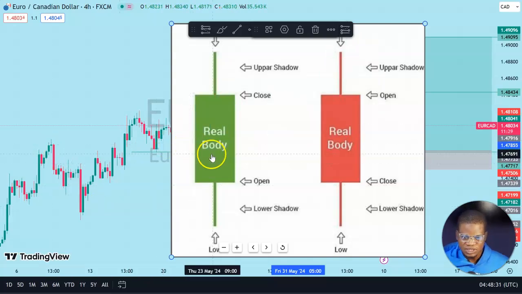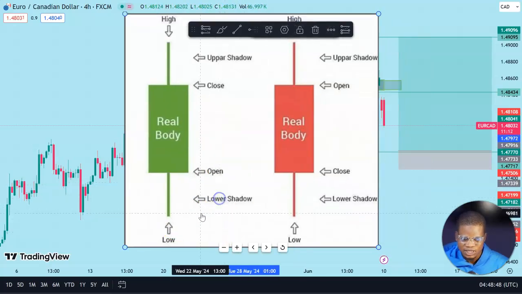So now, for example, let's say this candle represents the movement of the price in 4 hours. It means this open price is where price opened within the 4 hours. So when the 4-hour movement started, it opened at the price. Then this low is the lowest point the price reached during the 4-hour movement. It means during the 4-hour movement, price came down and created a low at this place.